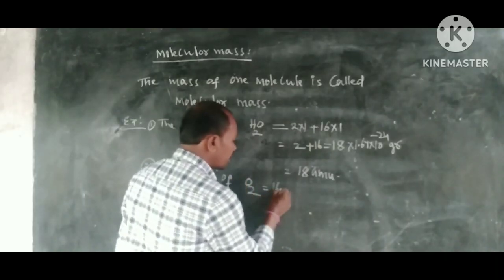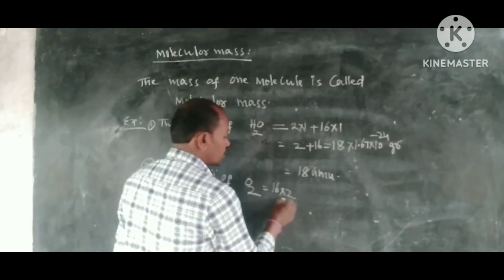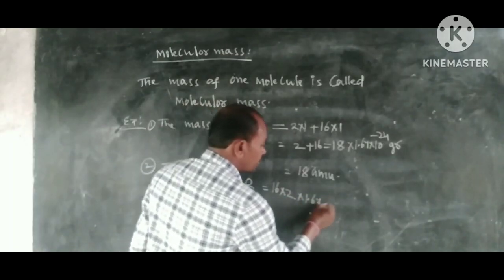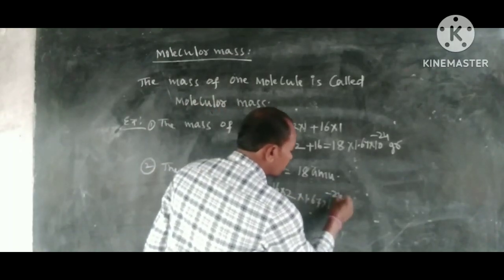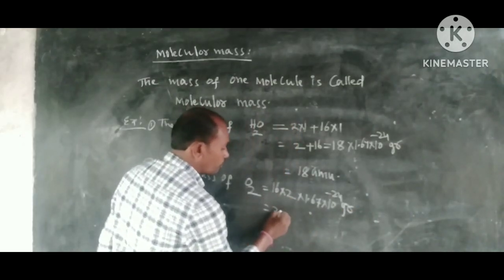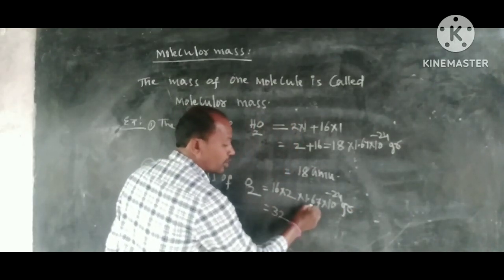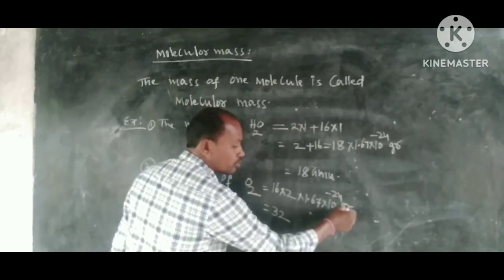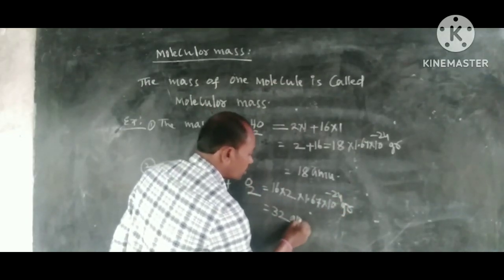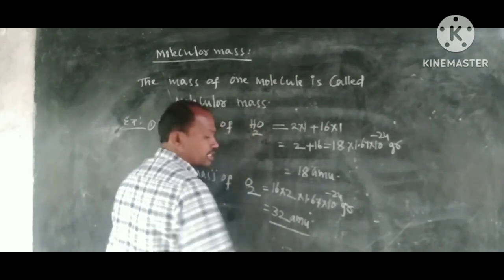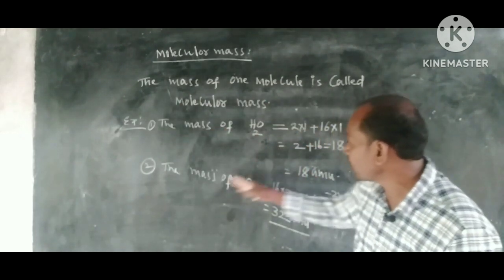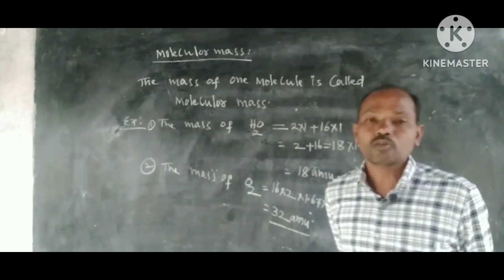So 16 into 2 into 1.67 into 10⁻²⁴ grams, that is 32 into 1.67 into 10⁻²⁴ grams, which means 32 AMU. So this is the molecular mass of O2.